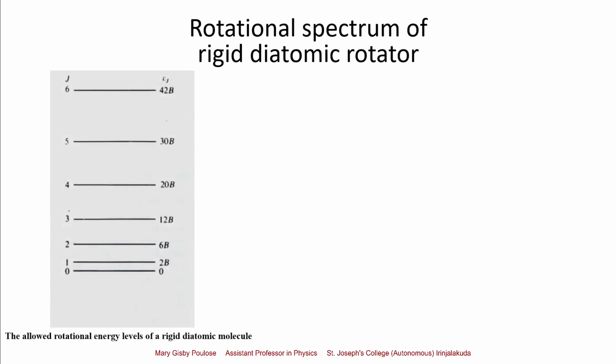So, here we see that the allowed rotational energy levels of the rigid diatomic molecule are obtained as such, and the molecule can have transitions, energy differences of values 2B into J plus 1 centimeter inverse, by following the selection rule delta J is equal to plus or minus 1.